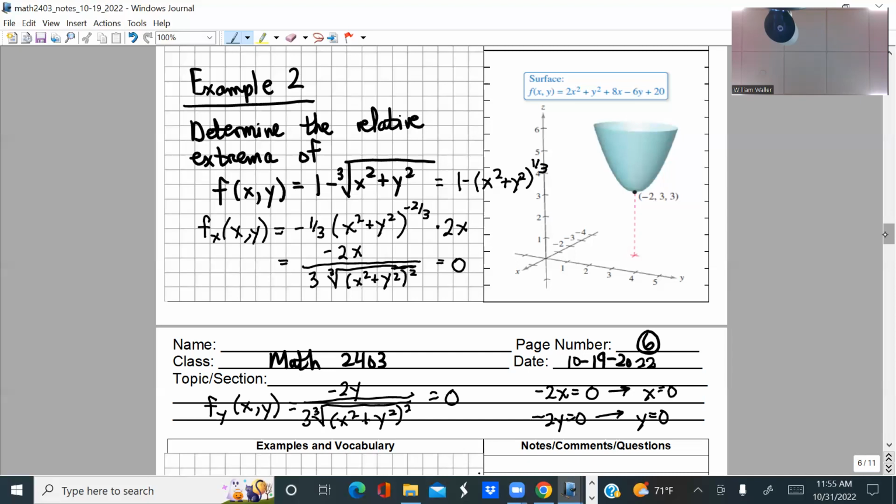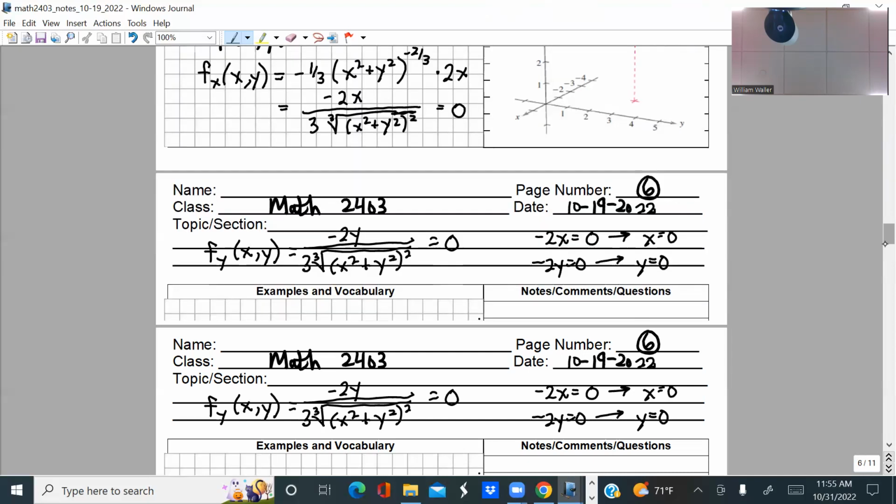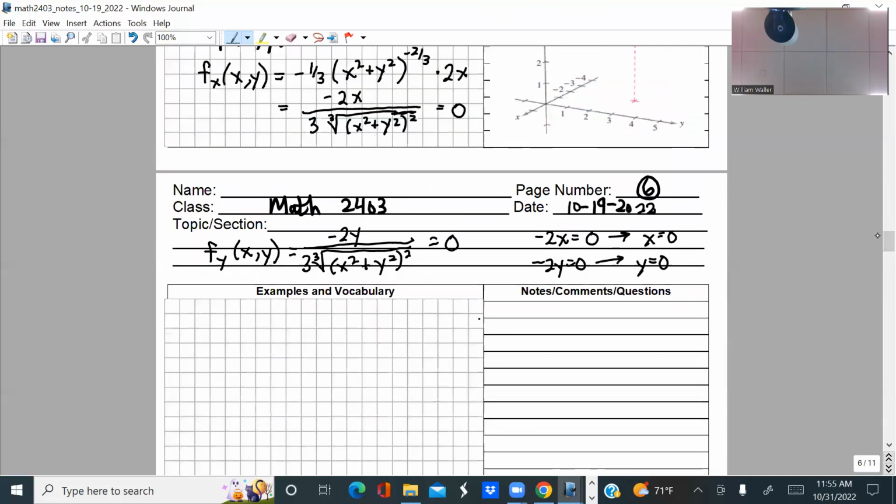So we have a critical point at 0, 0. x equals 0 and y equals 0. Actually, now we could have figured that out also without bothering to solve these equations simultaneously. Robert, do you see why?